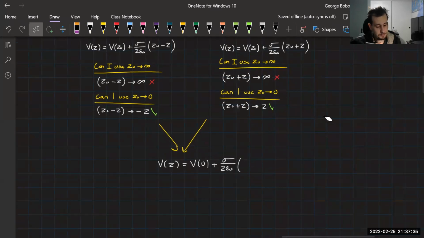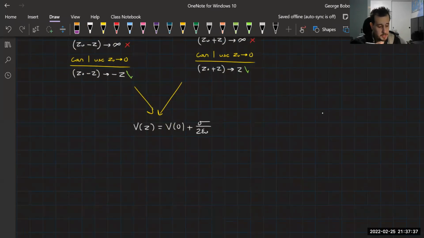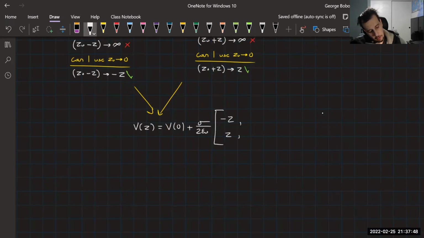Here's how we need to be careful about this. I should write this like this, for z greater than 0 and for z less than 0. So this summarizes both cases, above and below the plane.